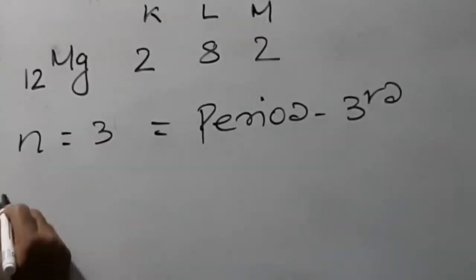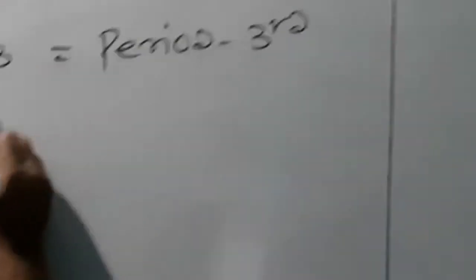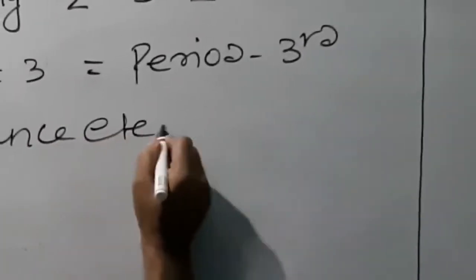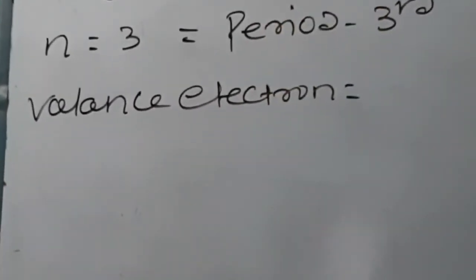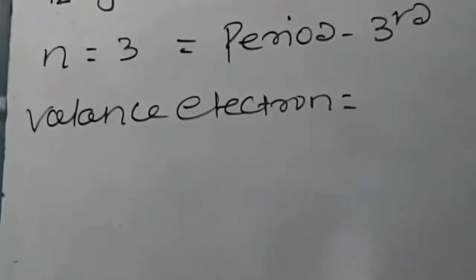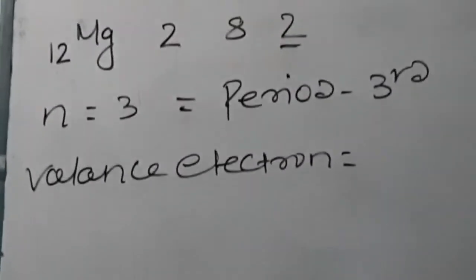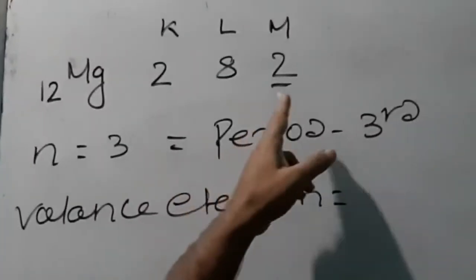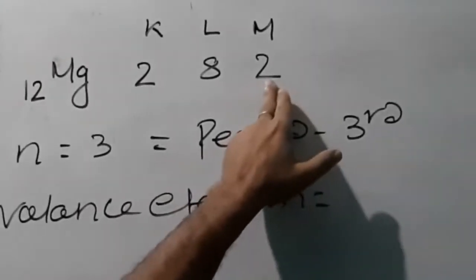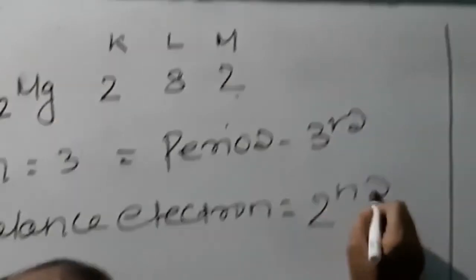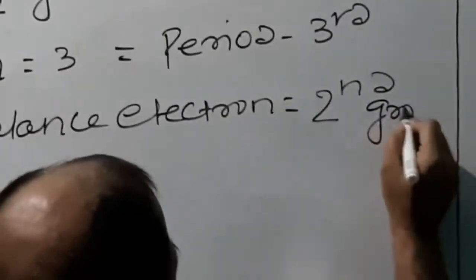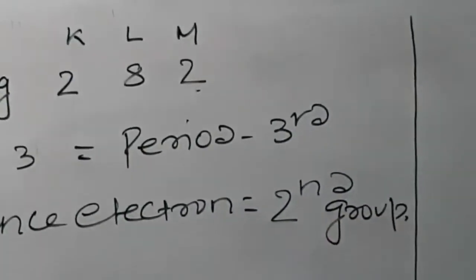Now valence electrons. How many valence electrons are present in magnesium? 2. So it belongs to the second group.